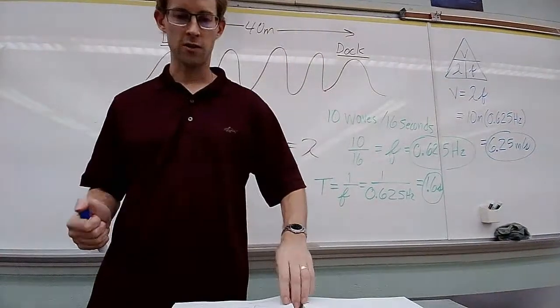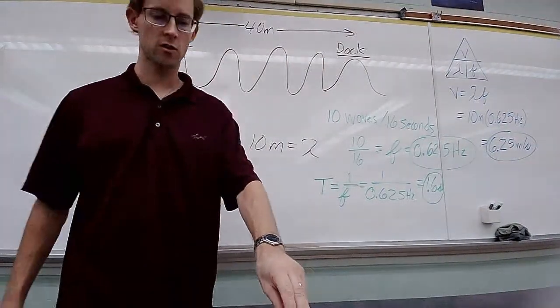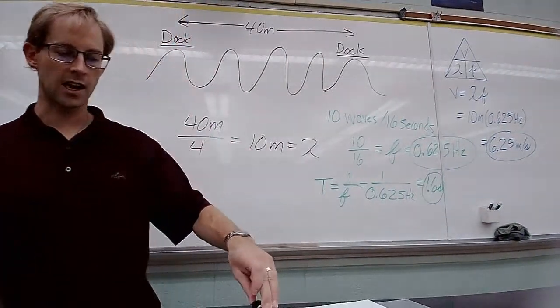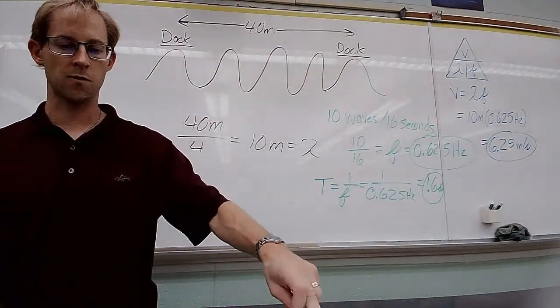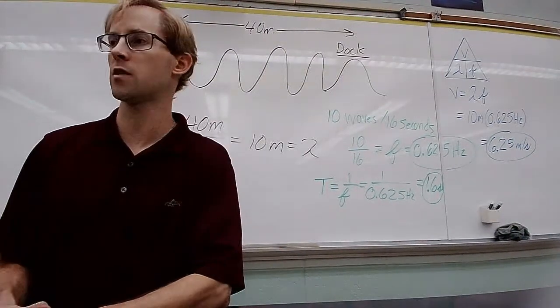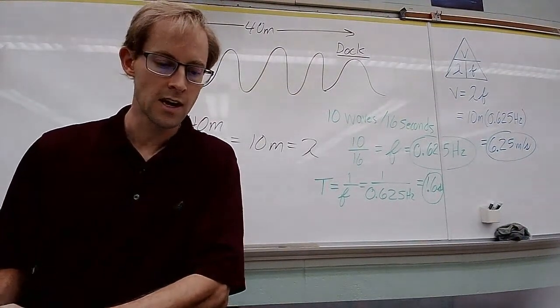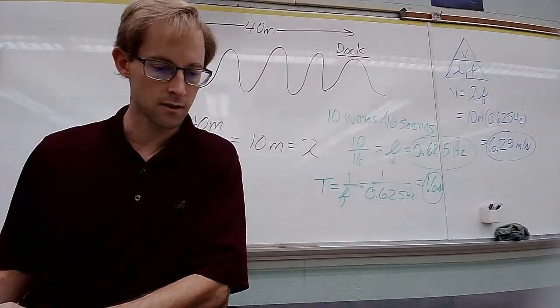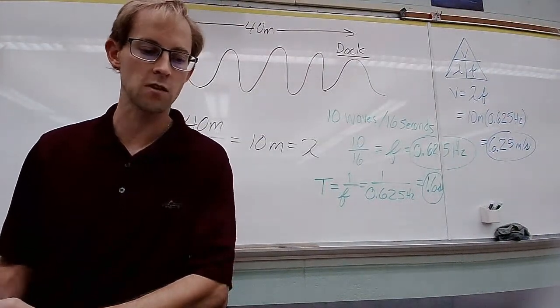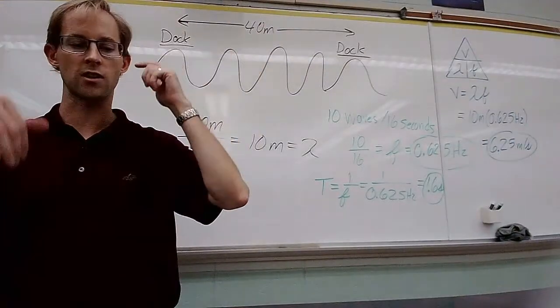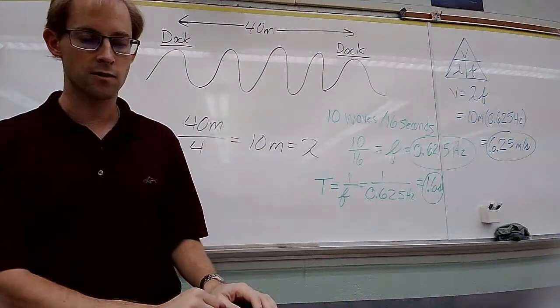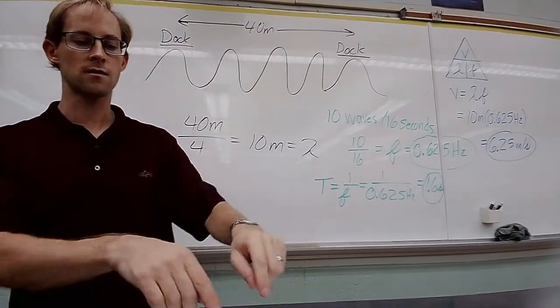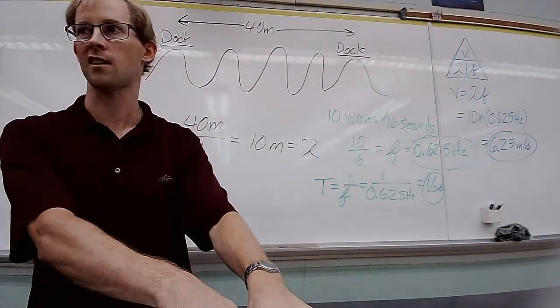So it sounded like some people were having issues with number 7. Let me just give you a couple hints on that before I let you go with it and check the answer key on your own. So number 7, the first column on the left, you've got those two waves heading towards each other. So letter A, you're drawing them right before they collide, so those two bumps will just be a lot closer.